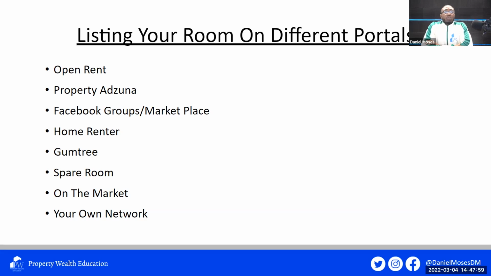So make sure you sign up on Facebook so you can join Facebook groups and market your property to international students and people looking to rent a property who don't want to use a lettings agent. Facebook also has something called the Marketplace, where you can literally advertise just like Spare Room, Open Rent, and Rightmove to get tenants to rent your property.